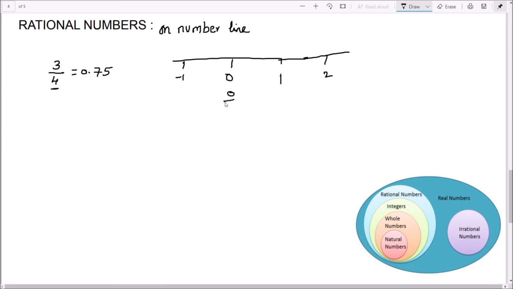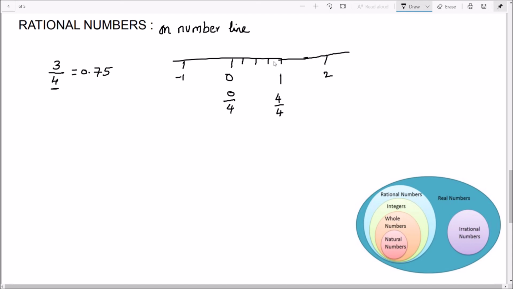So this 0 I can write as 0 by 4, because the denominator here is 4. Same way, 1 I can write as 4 by 4. 4 by 4, when I cancel, the value is 1. Now because the denominator is 4, in between 0 and 1, whatever area is there, I should divide into 4 equal parts.